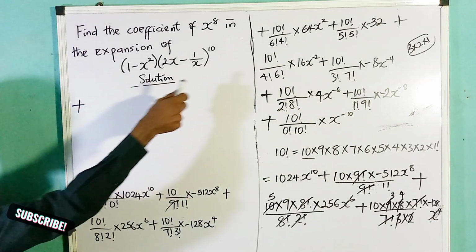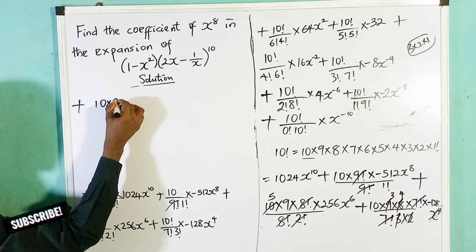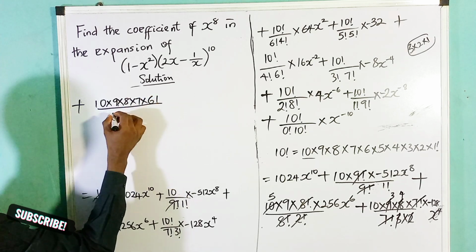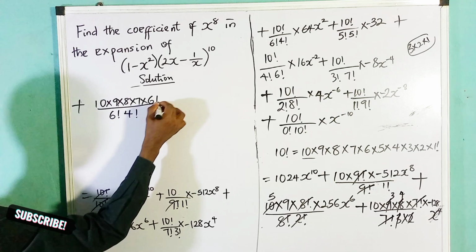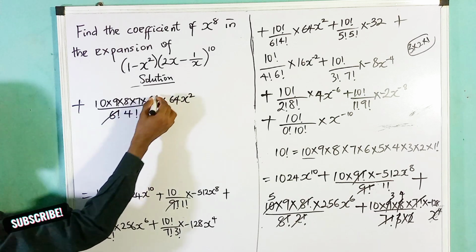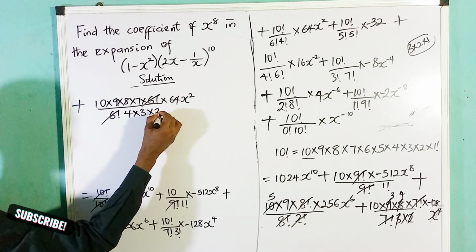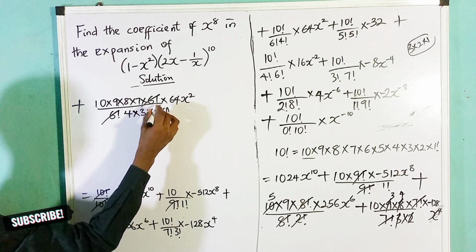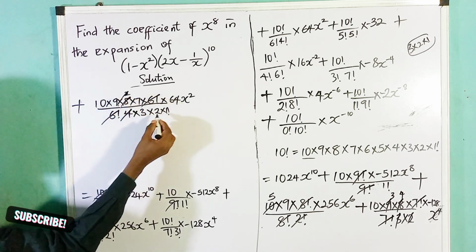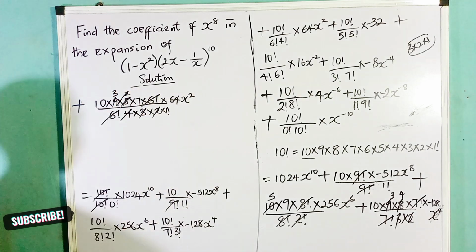So we have plus, at this point, 10 factorial, which is 10 times 9 times 8 times 7 times 6 factorial, over 6 factorial 4 factorial, times 64x squared. 6 factorial is going to cancel this out, while 4 factorial is 4 times 3 times 2 times 1. So this 4, you can divide 8 by 4 to have 2. 2 will cancel out itself, and 3 will divide 9 to be left with 3.